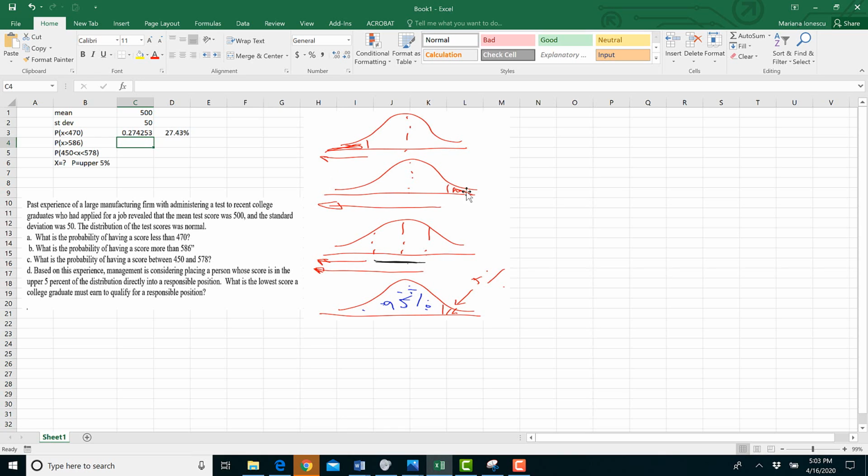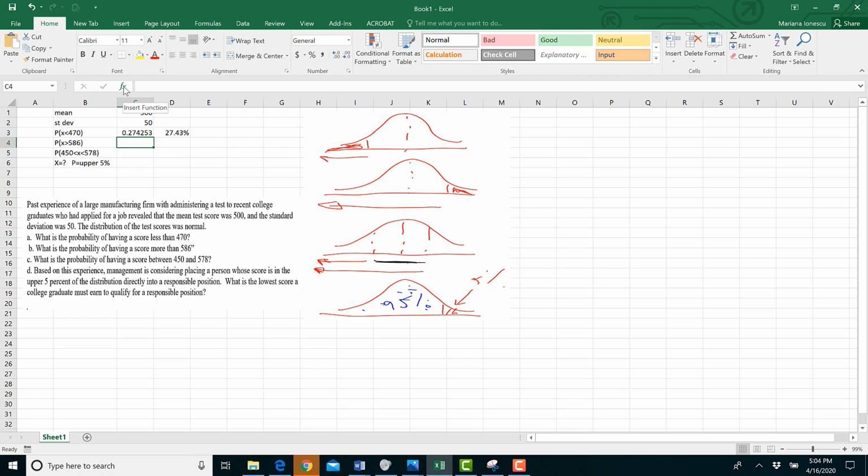Because we are looking to calculate for more than 586, and what we read in Excel is for less than 586. Total probability is 1. So if we subtract from 1 the probability of being less than 586, we are calculating the probability to be more than 586.